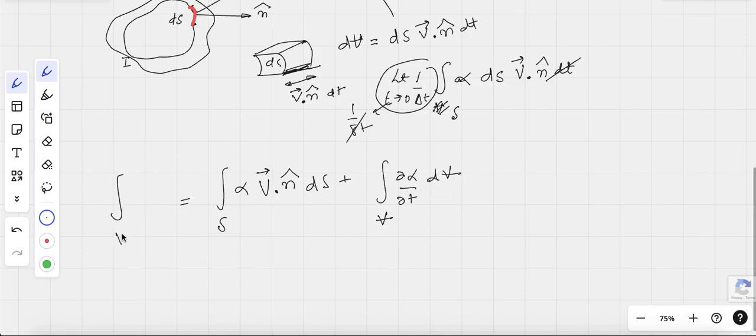This is equal to the total derivative of alpha dV, right? This is a surface integral and these two are volume integrals. So we have to change the surface integral into volume integral. We'll be using Gauss's divergence theorem.